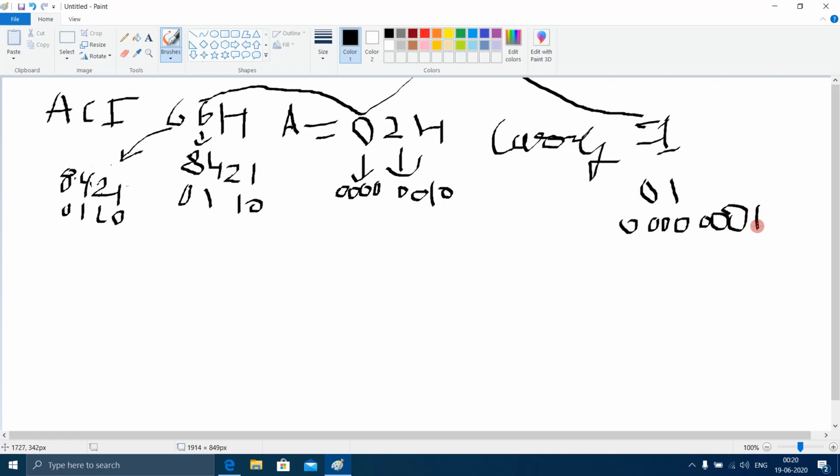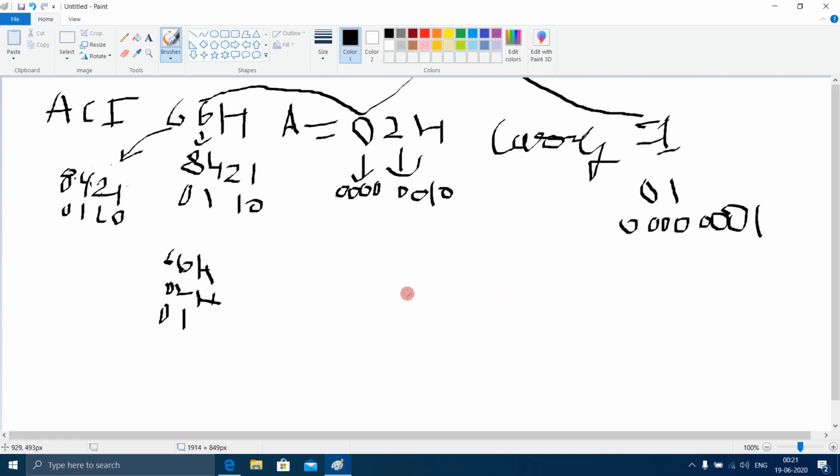So what this instruction is going to do, it is going to add 66H, 02H, plus carry, which is 01. So what it does, ACI comma the 1 byte data, the data will be added with the contents of accumulator with carry.